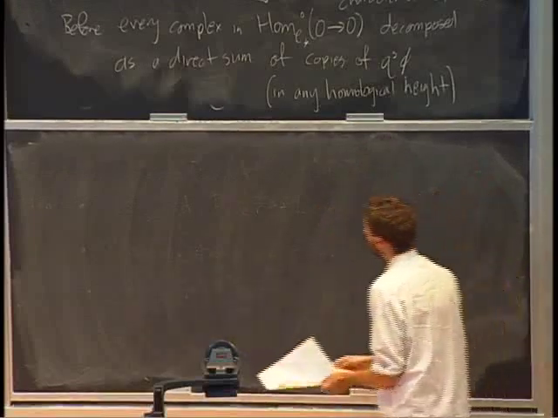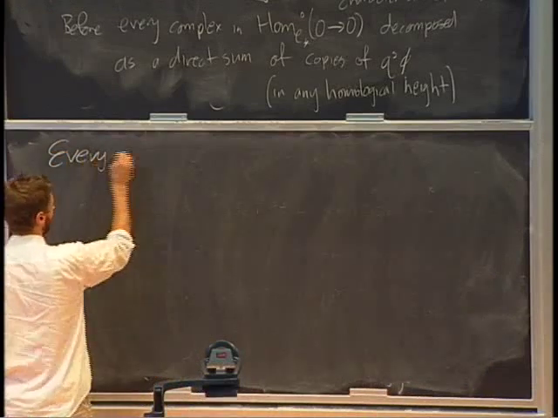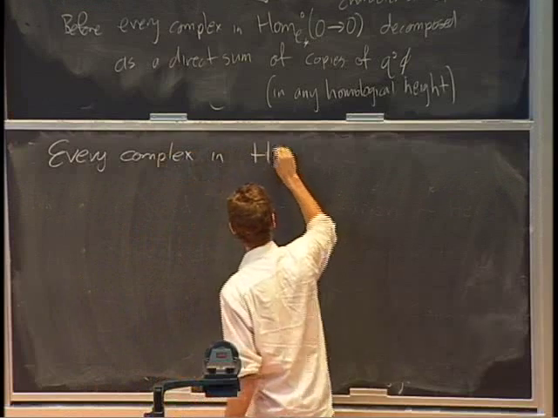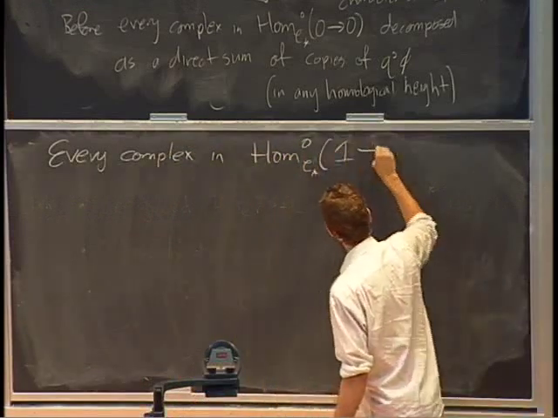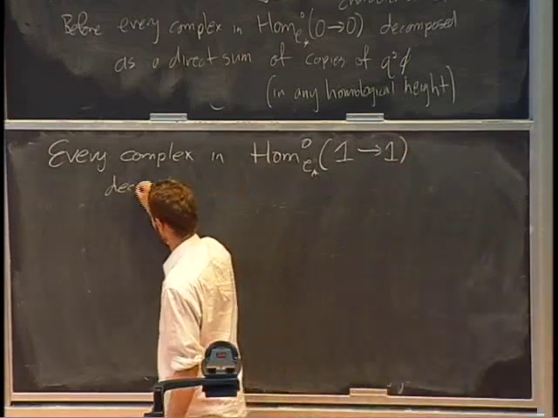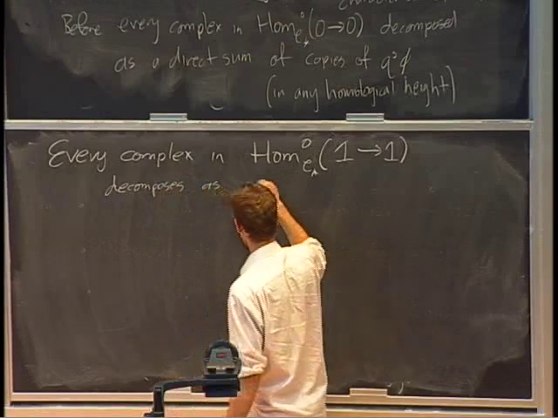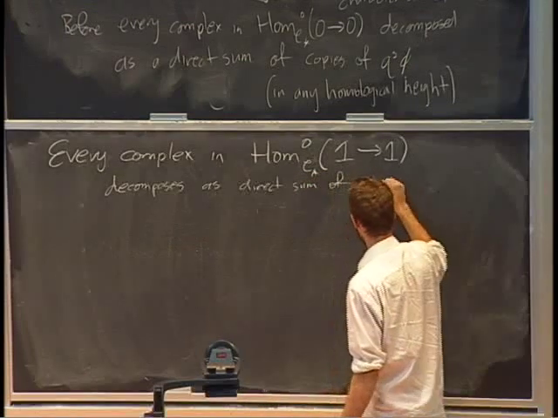What we get is that every complex in the Hom space from one point to one point decomposes as a direct sum of complexes.